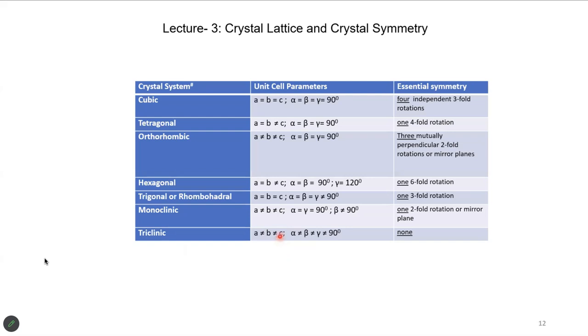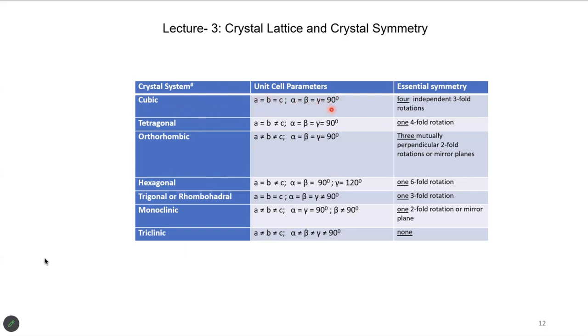Well, I said to you, if you remember, that the unit cell parameters are not the only parameters by which we define crystal systems. We must also have symmetry considerations. So we have 7 crystal systems. We have unit cell parameters. We discussed them, but we didn't talk about essential symmetry. So for cubic, these are the cell parameters.